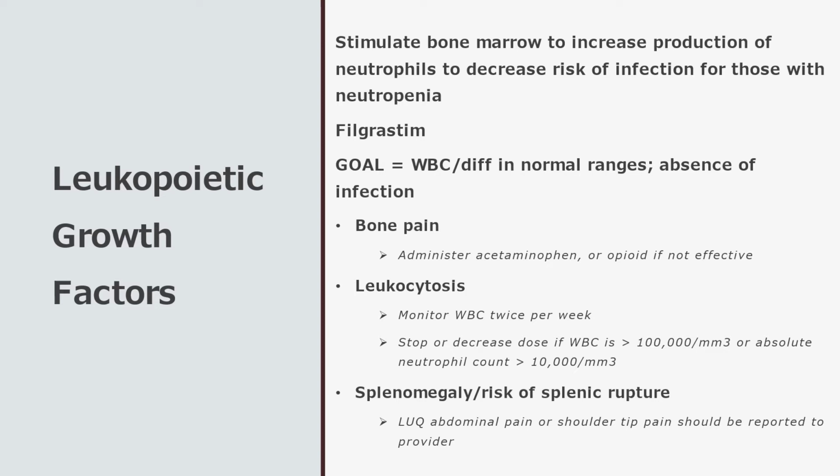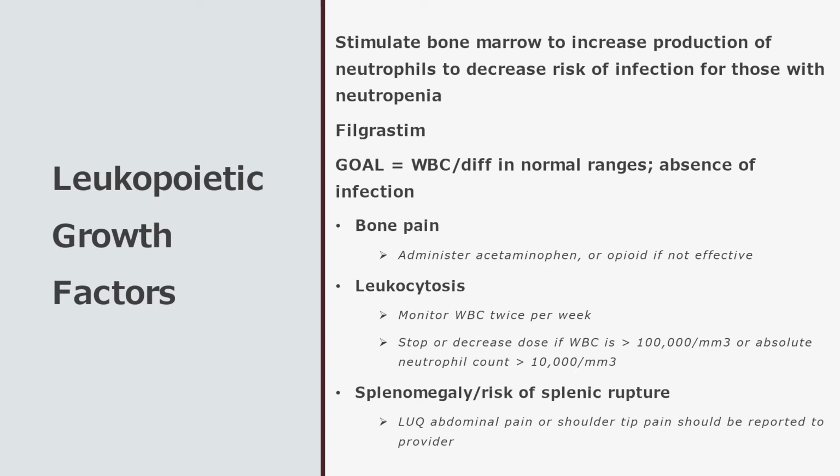So if they have bone pain, we can administer acetaminophen or an opioid if not effective, because they're already in a very weakened state. So they're going to be more likely to feel generalized bone pain due to this leukopoietic. So leuko, white blood cell neutrophils.